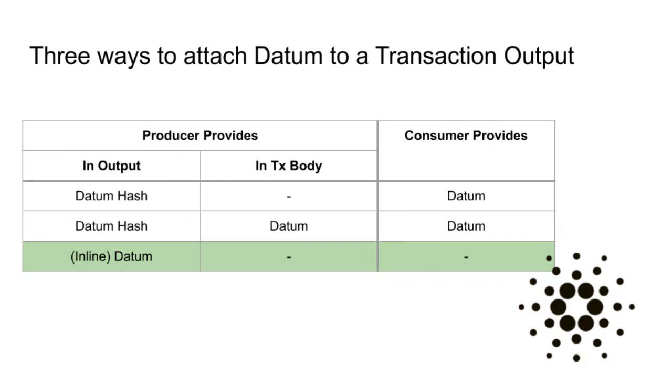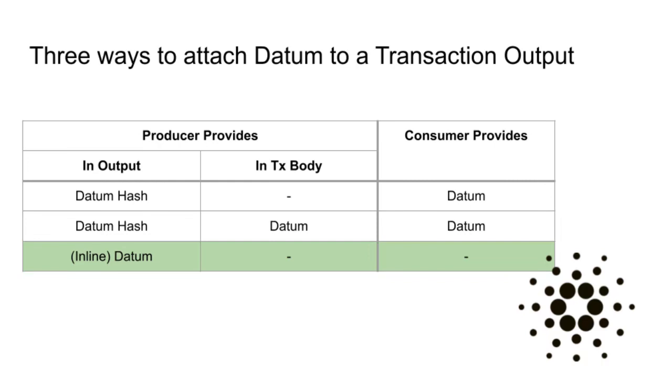So in this third option, the output itself contains the datum. In this case, it's called inline datum. And it doesn't have to be repeated in the body of the producing transaction. And in that case, the consumer, the transaction that wants to spend this output, does not need to provide the datum. So in this case, the consuming transaction can be smaller and hence cheaper.